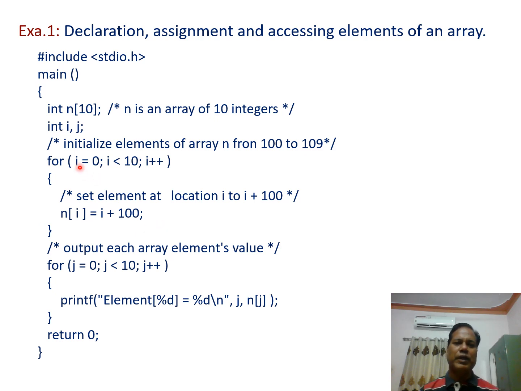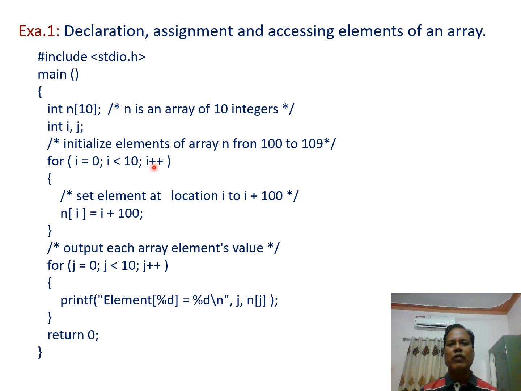In the beginning, when the initial value is 0, the condition 0 less than 10 is true. So the body of the for loop is used to initialize the first value, because n[0] is the first array value, and this is set as i plus 100, that is 0 plus 100, that is 100. So the first value of the integer array n is set as 100.